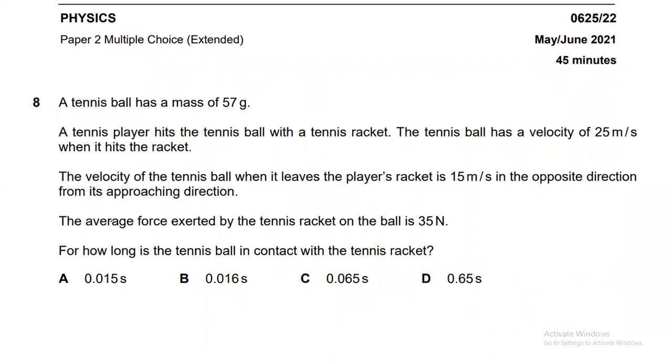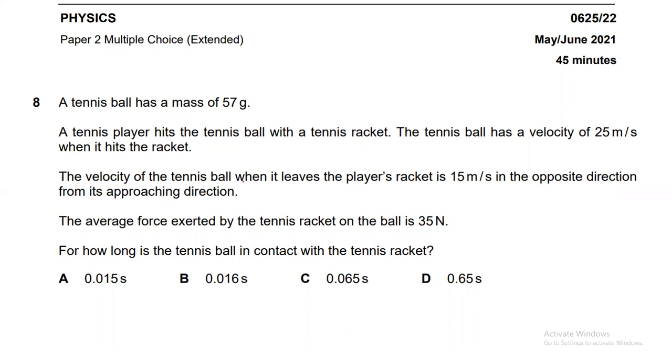Now we have the May, June 2021 2-2 paper, question number 8. A tennis ball has a mass of 57 grams. A tennis player hits the tennis ball with a tennis racket. The tennis ball has a velocity of 25 meters per second when it hits the racket.